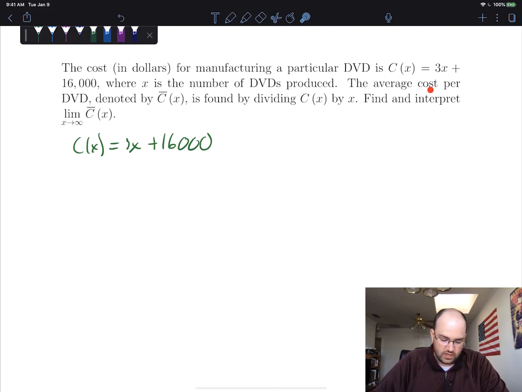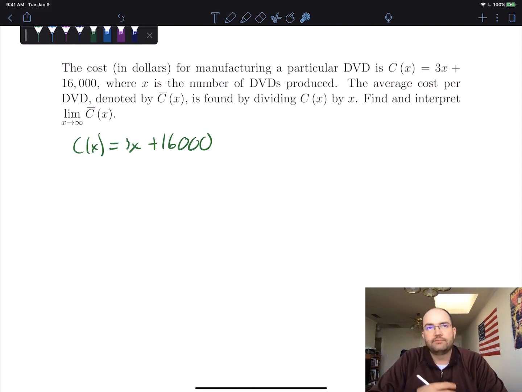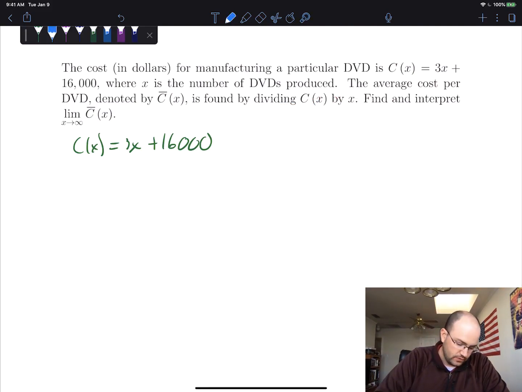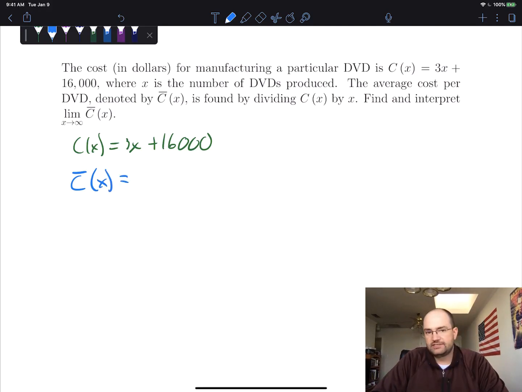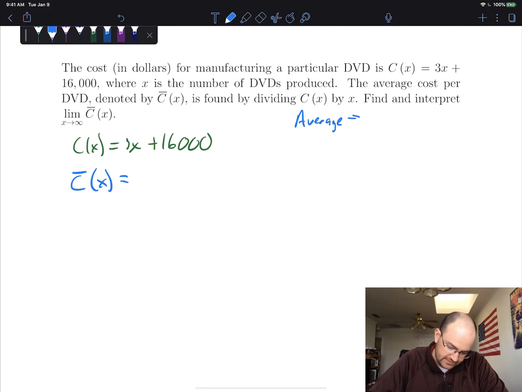The average cost per DVD, now average just means you take the total amount divided by the number you have, which is what this is telling us to do. It's found by dividing C of X by X. So C bar of X, and C bar is simply the mathematical notation for an average. So average is denoted by the bar.